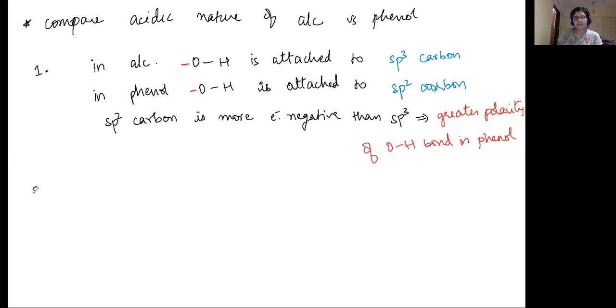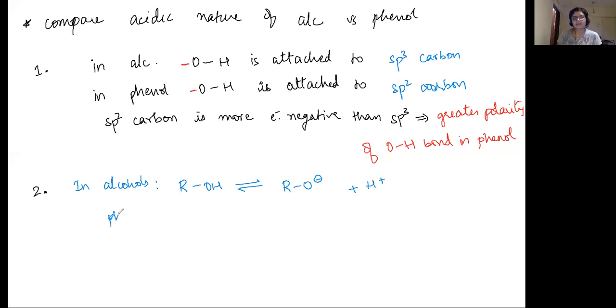Okay. Then the second reason is connected to the stability of the conjugate base that is formed. In the case of alcohols, you've got ROH in the presence of water forming RO minus plus H plus.